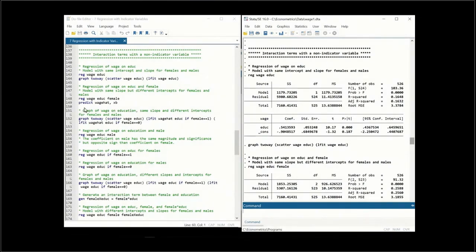So we're getting the fitted values or the predicted values. And the reason we're getting this is because we want to plot with graph two-way wage against education. And then we would be picking up a linear fit of wage against education if female equals 1, and wage against education if female is equal to 0. And so here's how this graph is going to look.